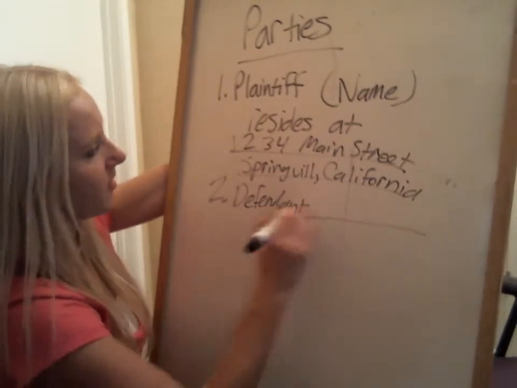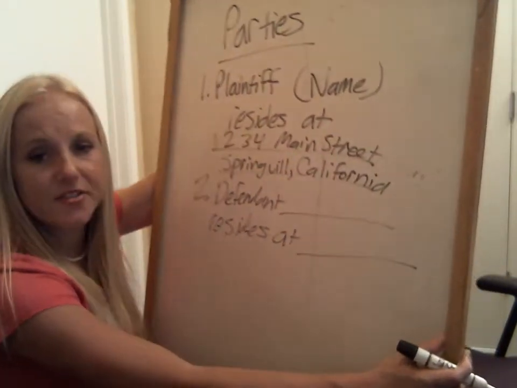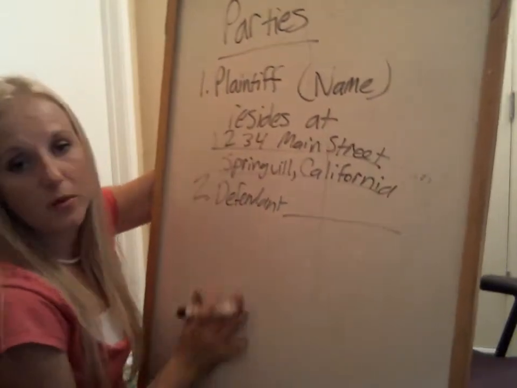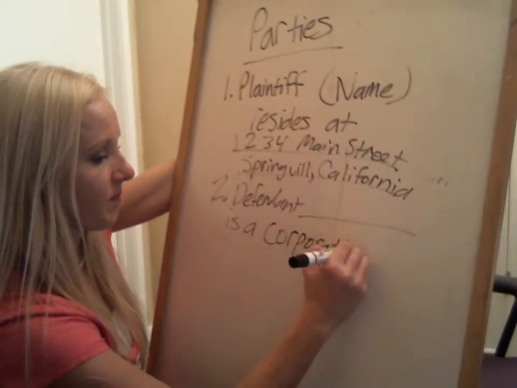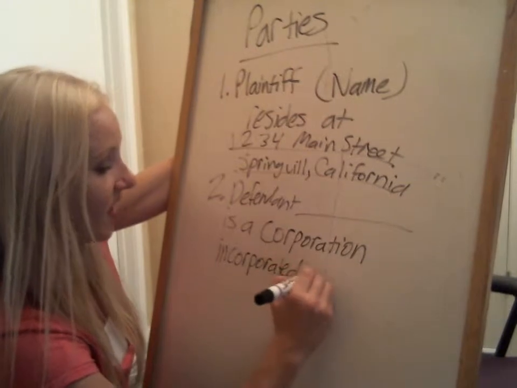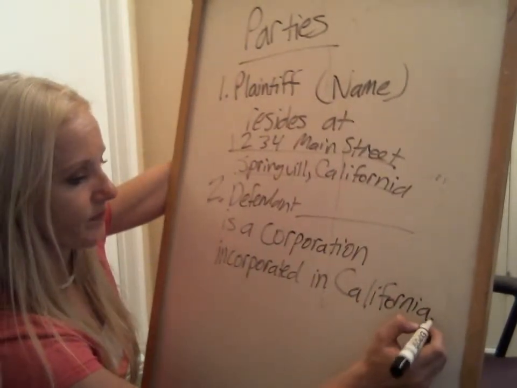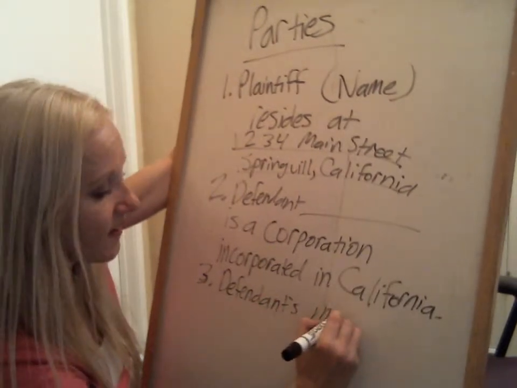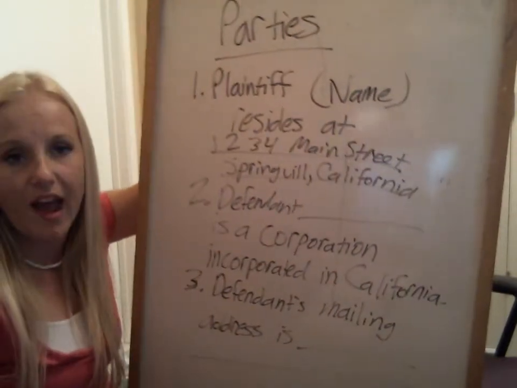You know, and again, the name, and then you're going to put resides at, and you're going to include, you know, and because this defendant is actually a corporation, I'm going to instead change the language instead of residing to be is a corporation incorporated in California and then say, I would say here, defendant's mailing address is, and then this is probably how I would write it because we have that corporation there.